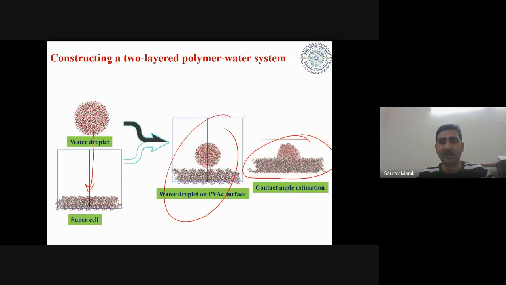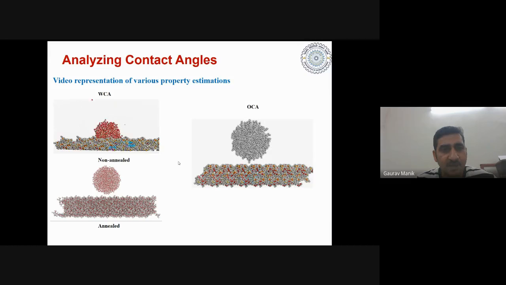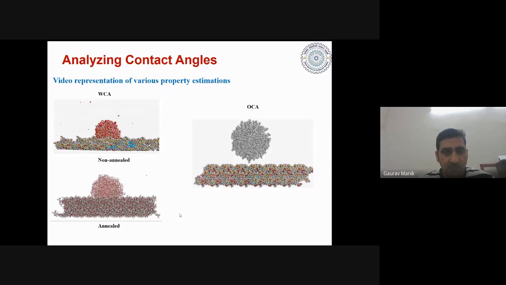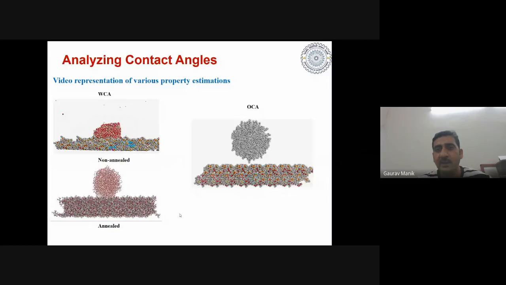I'm going to show you some pictures of the non-annealed structure, where you see it falling and then finding an equilibrated contact angle. This is a much better annealed structure, which we found useful. So the water droplets fall and form an equilibrated contact angle, and you capture what the final contact angle is.